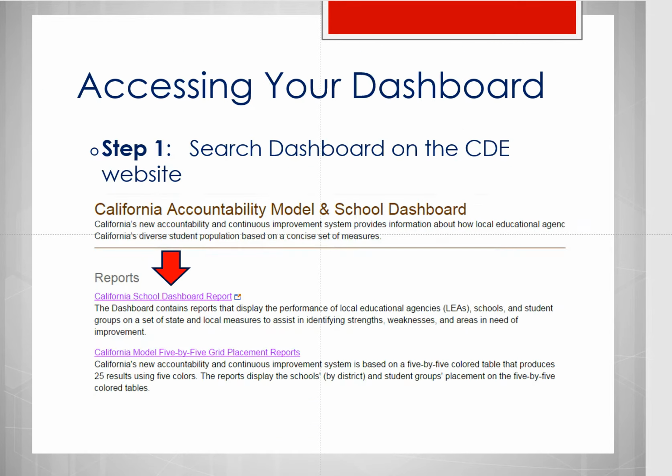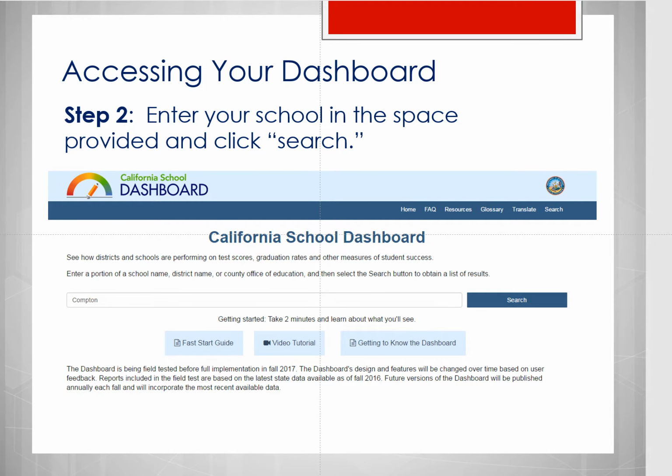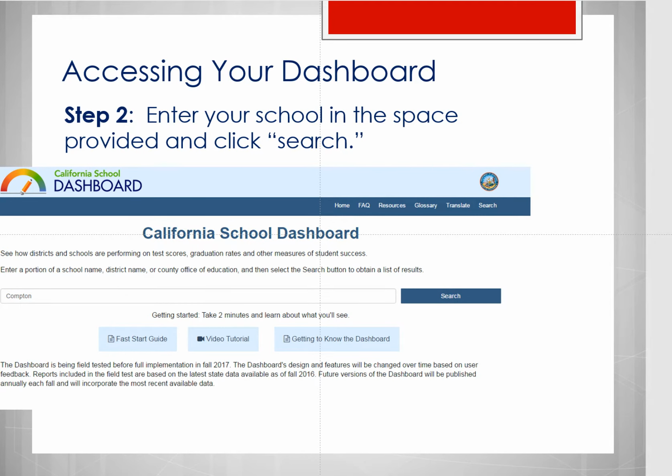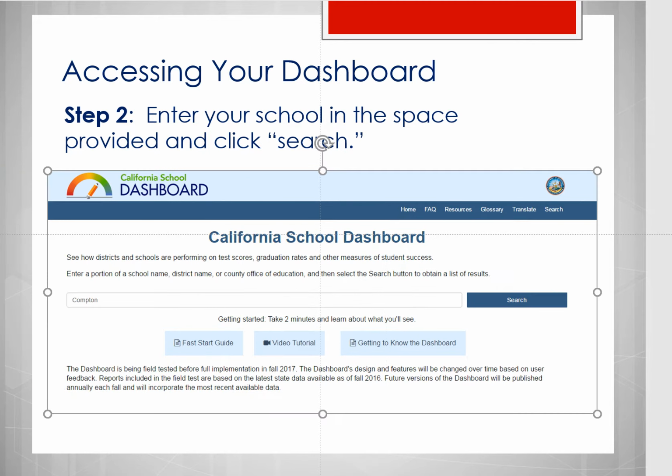When we go to our dashboards, we're able to access them from the CDE website. From there, you'll go to this page and type in the little box right there the school or LEA that you're searching for.